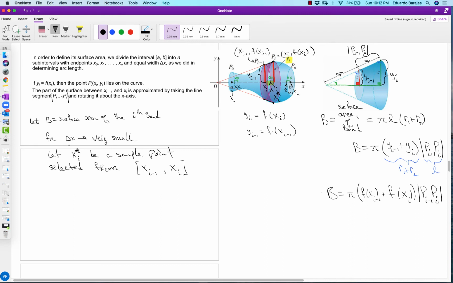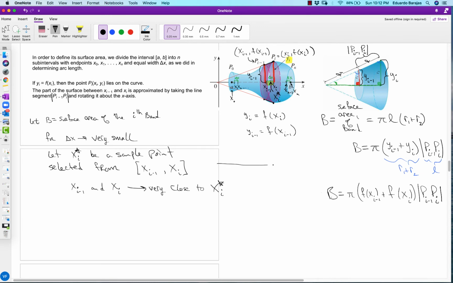So keeping in mind that delta x is very, very small, then x sub I minus 1 and x sub I are going to be very, very close to this sample point x sub I star. They're all going to be squished together.